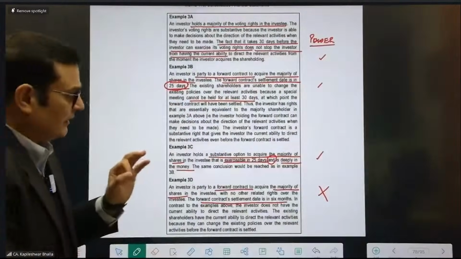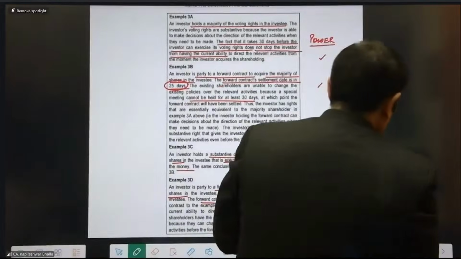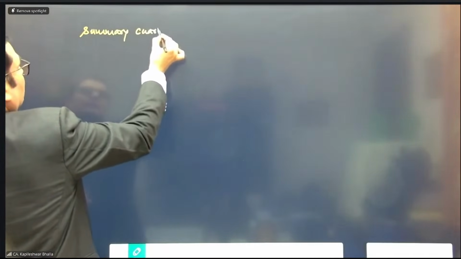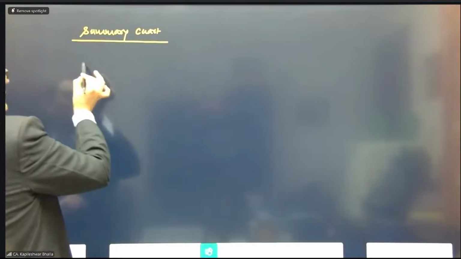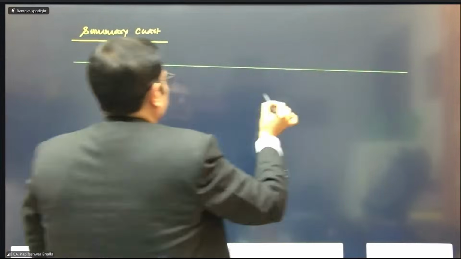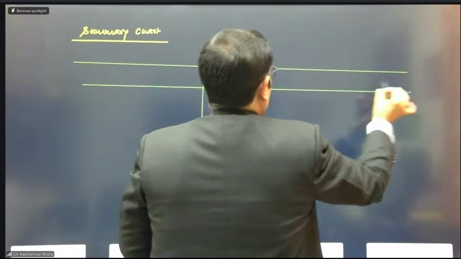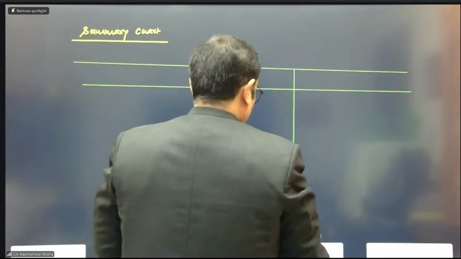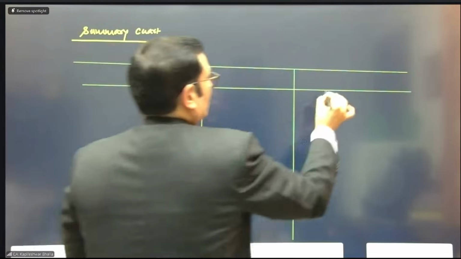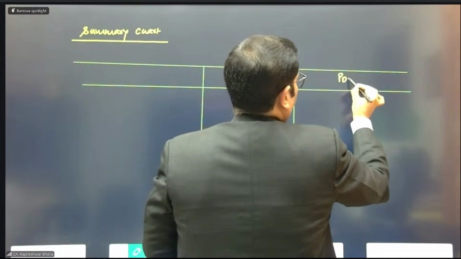Let's do one thing now. Let's create some permutations and combinations at this stage. Let me summarize the inputs in this case. I'll give you some inputs and you can give me the inputs on the summary chart. One column for the particulars, one for some additional inputs, and then we will see whether we get power or not.